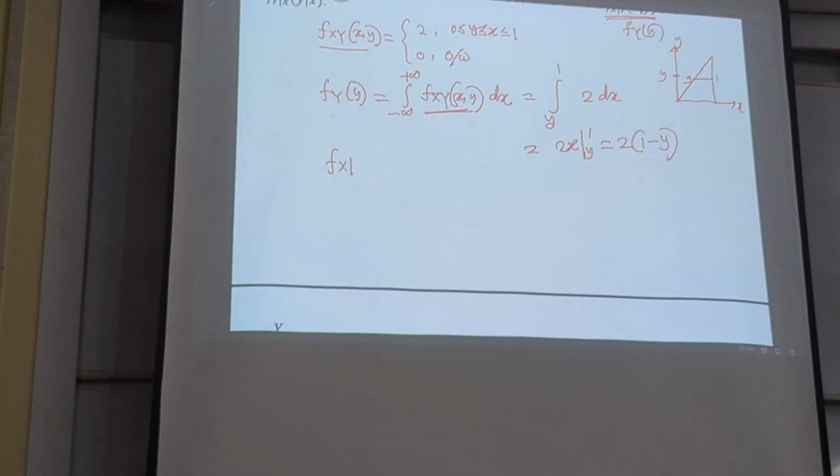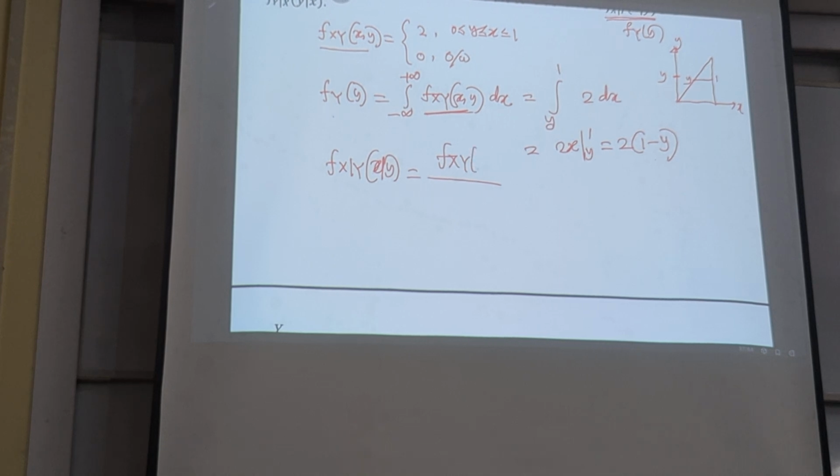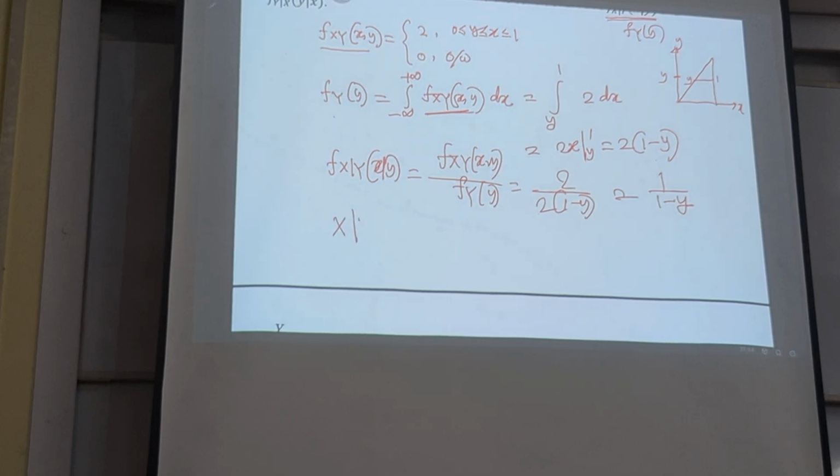So the conditional PDF of x given y is the joint PDF of x and y divided by the marginal PDF of y. This is 2 divided by 2 times (1 minus y), equal to what? What is the distribution? Can anyone tell?